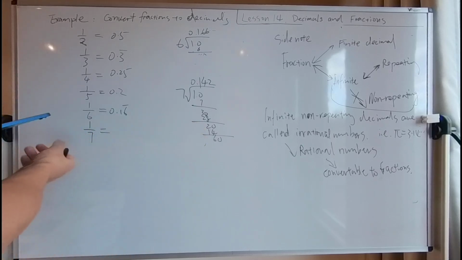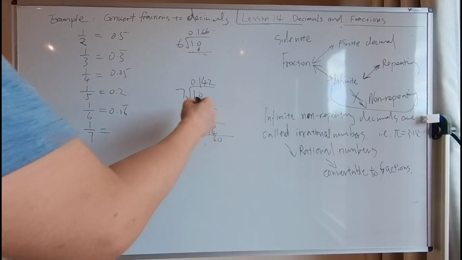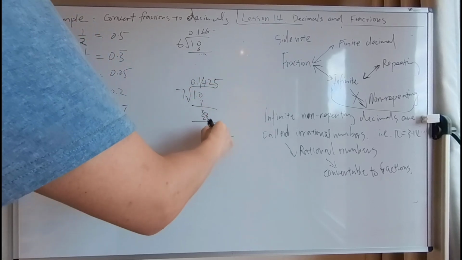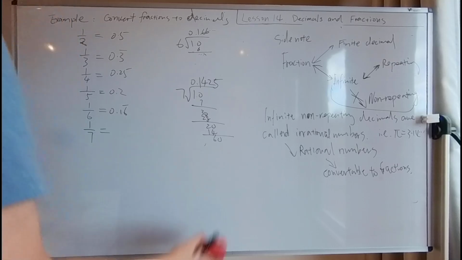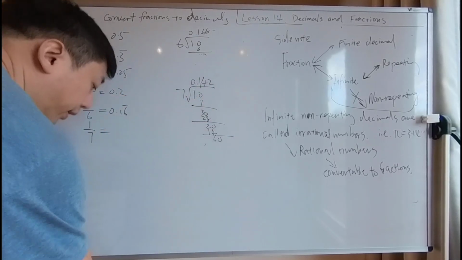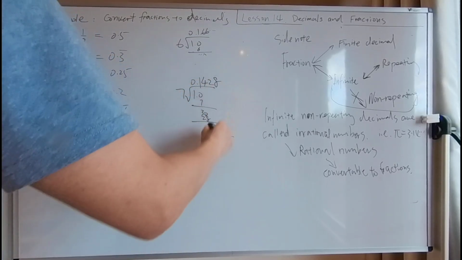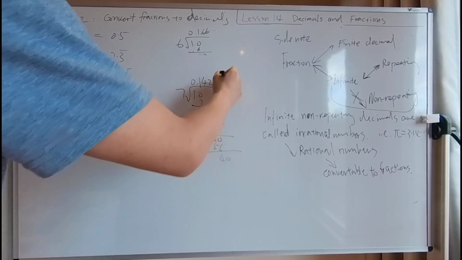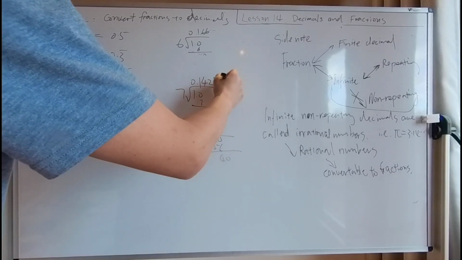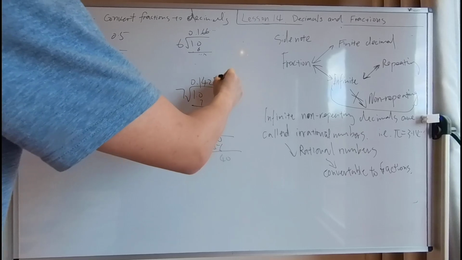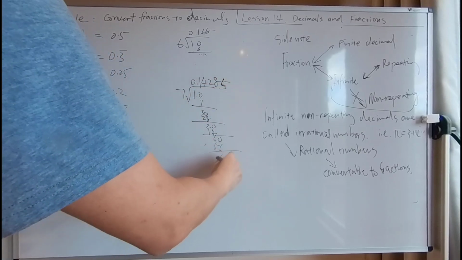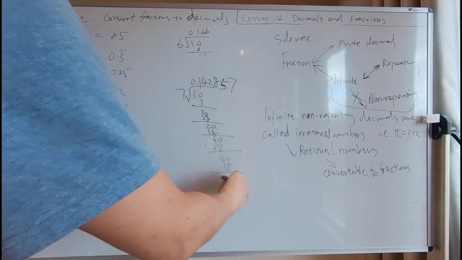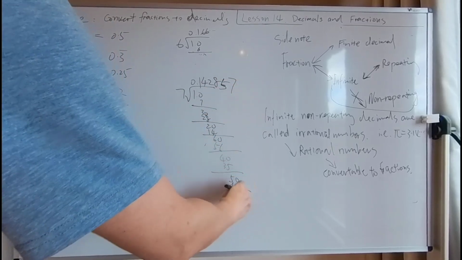None of them are repeating yet, so let's keep doing. 8, 56, 40. I can have 5, 35, 57, 49.